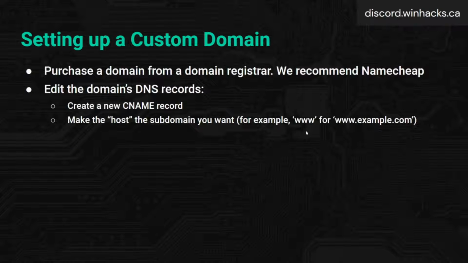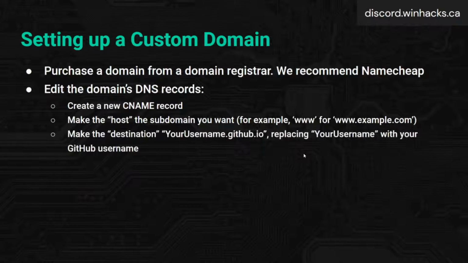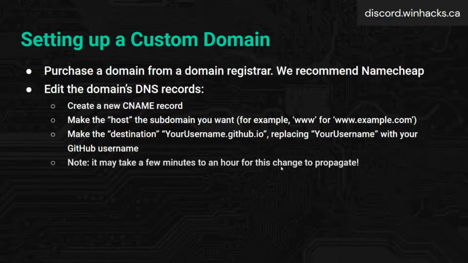For example, www is a subdomain, and example.com is your main domain. Make the destination your username.github.io, that URL that GitHub gives you. Obviously, you'll replace username with your GitHub username.